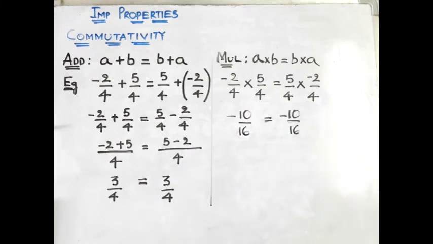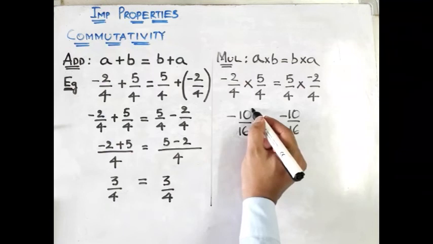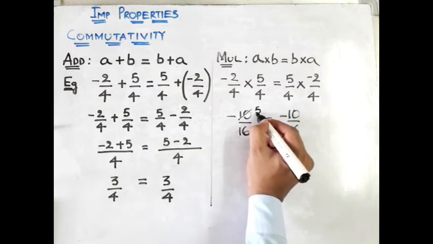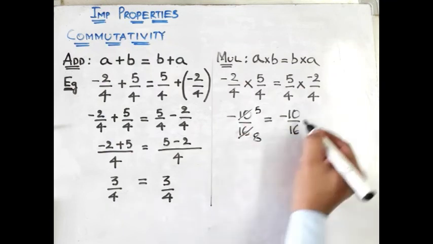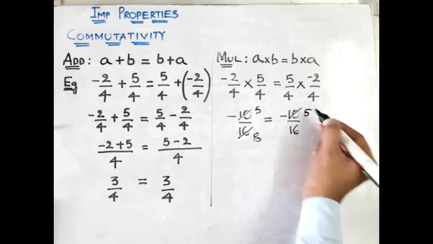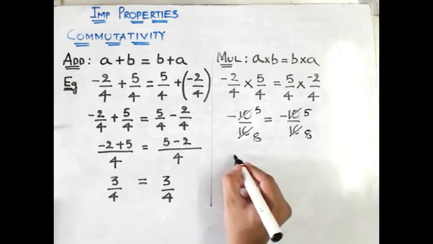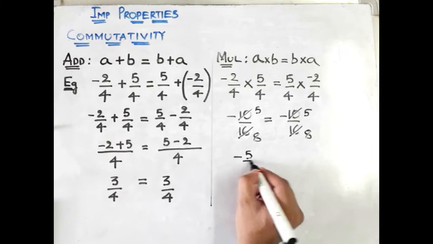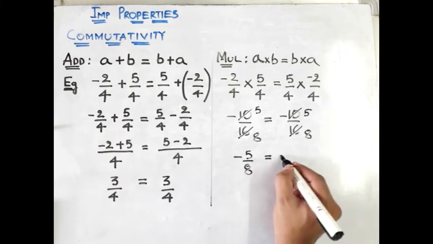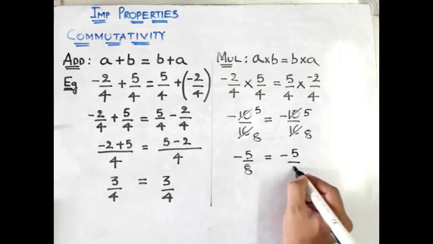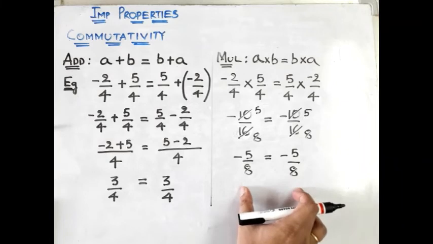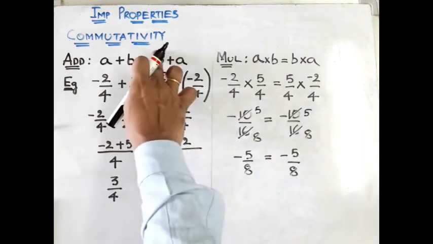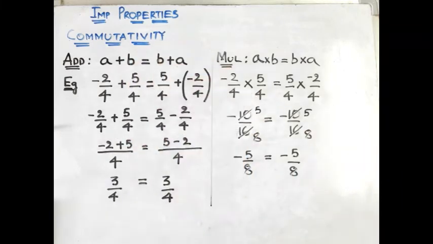As we have a chance of cancellation here, 2 fives are 10, 2 eights are 16. The answer is going to be minus 5 by 8, is equal to minus 5 by 8. So through this we can say that commutative property under multiplication is applicable for any two rational numbers.